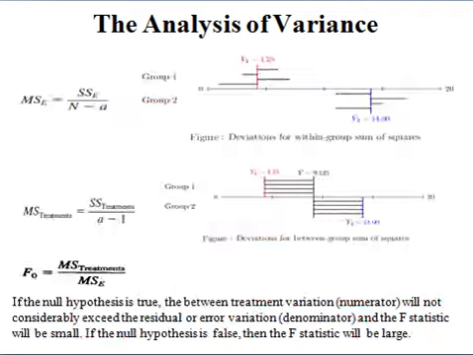If this is small, this will be high, and we will reject the null hypothesis because the f statistic value is very high compared to our f threshold value, which we can look up in the f table.